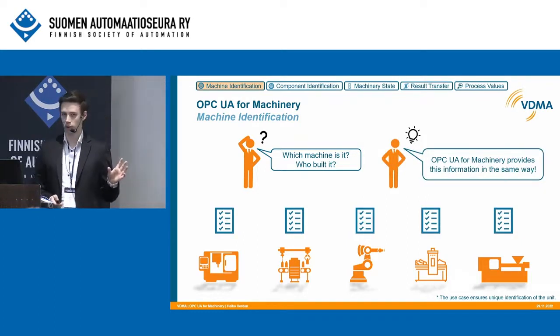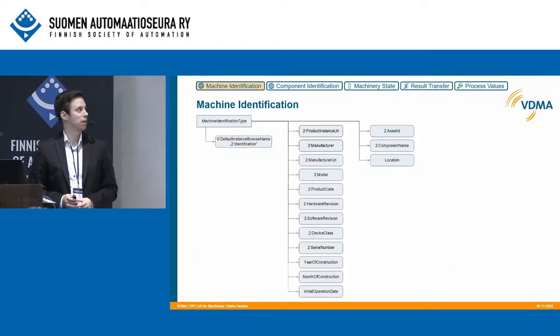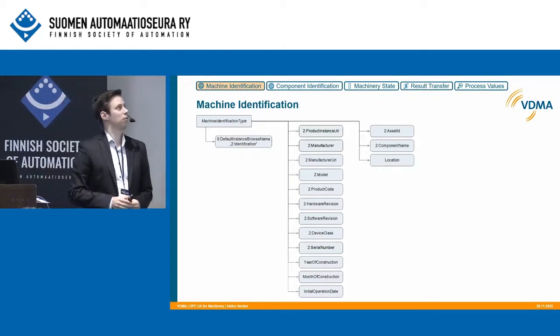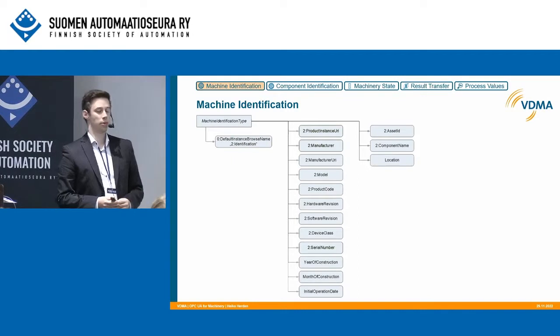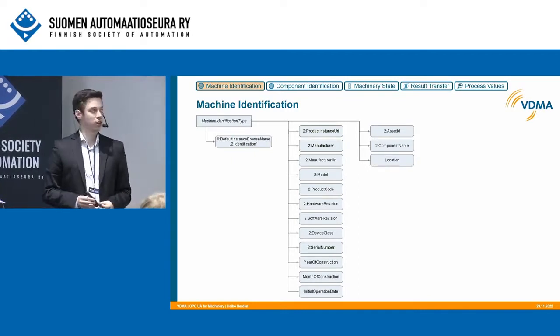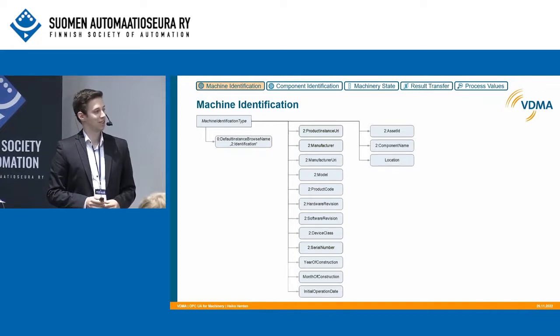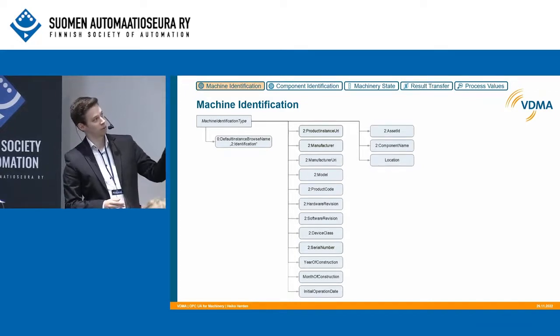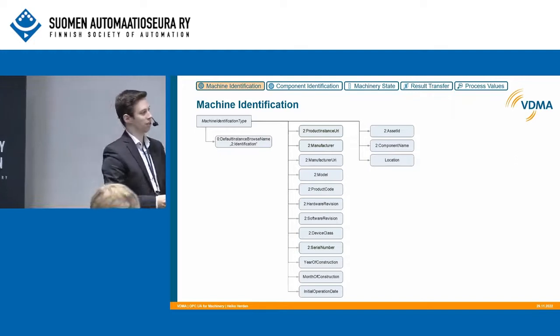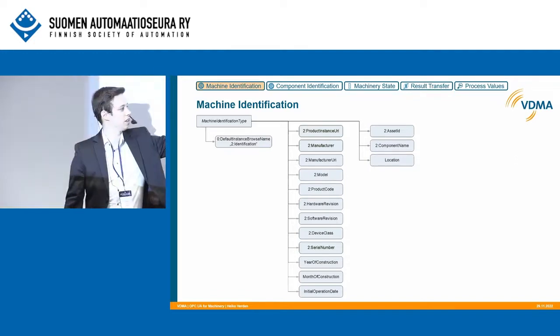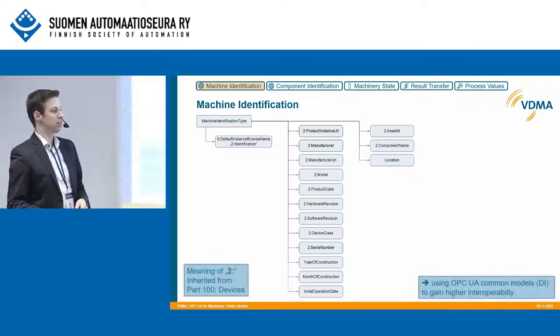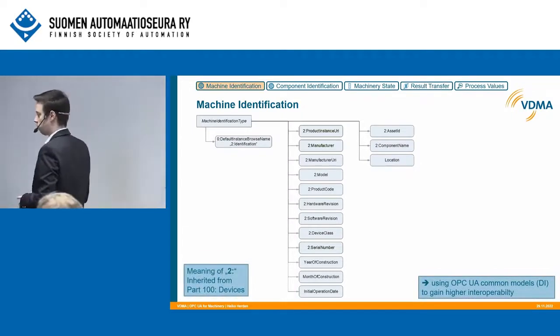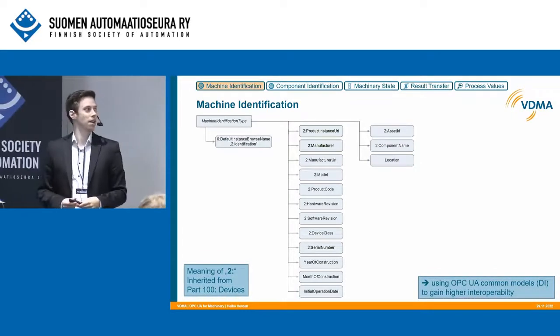So how is it solved in terms of data modeling? We defined a data model with a machine identification type. And this machine identification type consists of a lot of properties. And as you might see, most of the properties have a double colon at the start of the properties. This means that they are derived from OPC UA Part 100 devices.